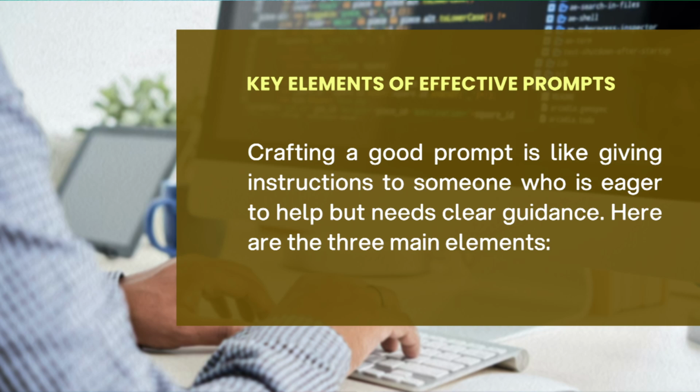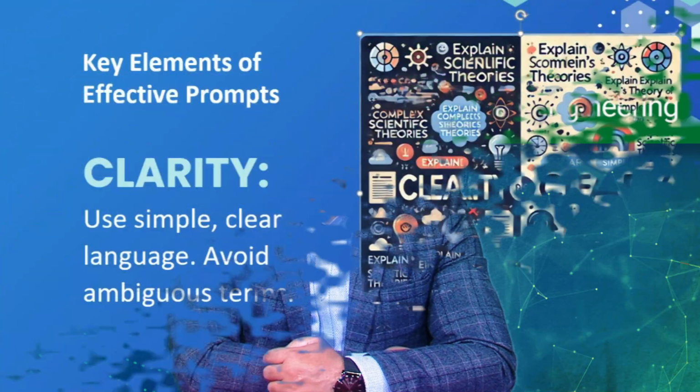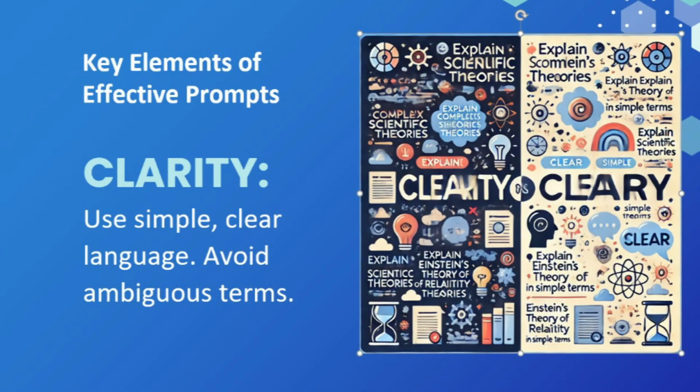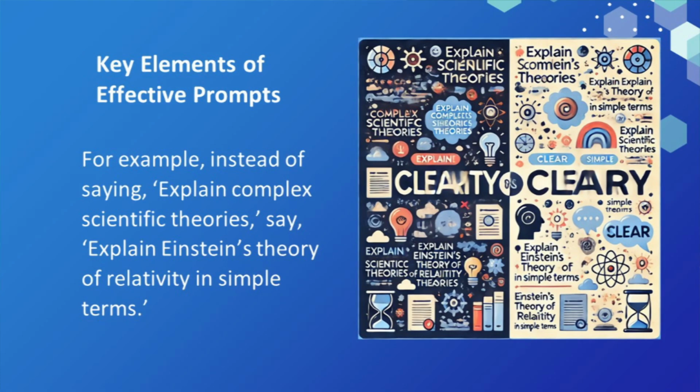Here are the three main elements. The first one is clarity. Your prompt should be simple and easy to understand. Avoid using complicated or ambiguous terms. For example, instead of saying explain complex scientific theories, say explain Einstein's theory of relativity in simple terms.